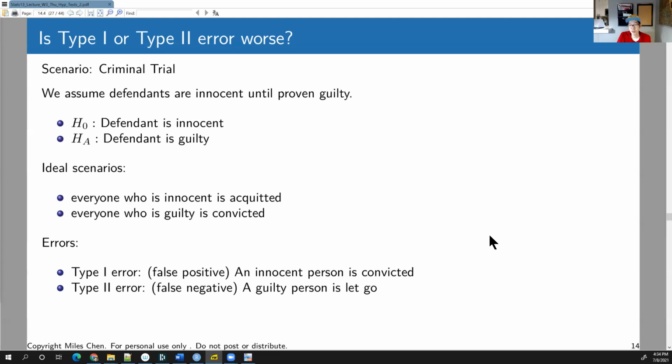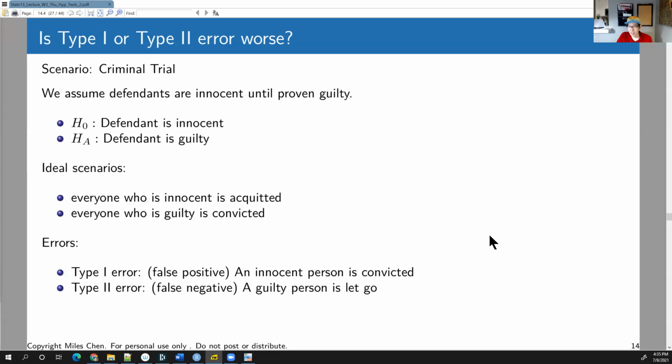Now, again, we want to avoid both, but if we had to decide which of these errors is worse, and I guess there's always a little bit of debate here, functionally as a society, who do we want to be? I would say that the type 1 error is worse, that convicting an innocent person is worse than letting a guilty person go.